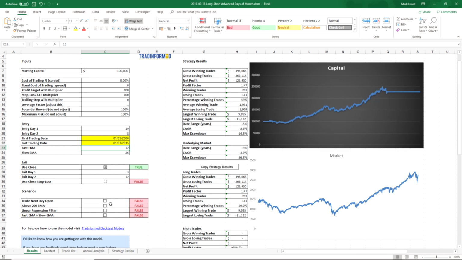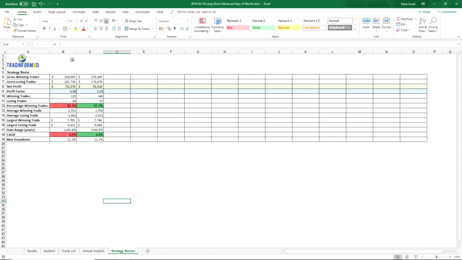Now, if you want to compare any of these strategies together, we can easily do so. So let's have a look at the 200 period SMA. If I click on here, and linear regression, click on here again, go to strategy review, you see we have the two strategies here.